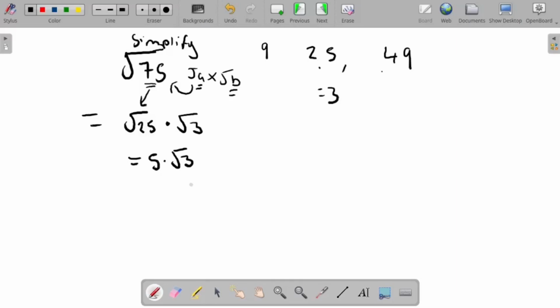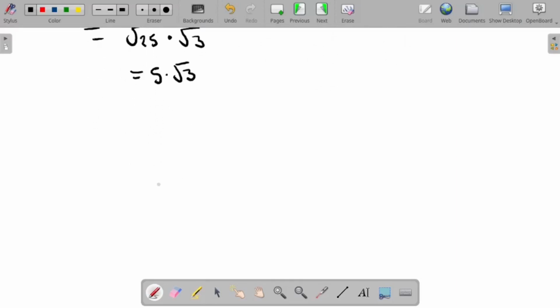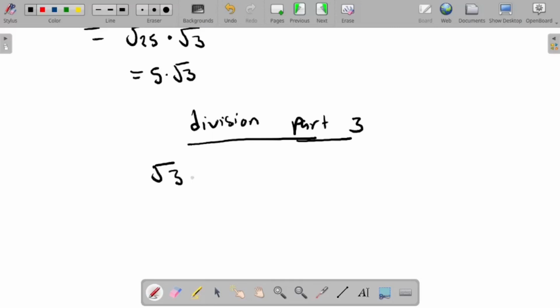You can simplify surds. Division of surds is going to be in part 3 of another YouTube video. Just try to look for part 3. That is going to be on division. We are going to look at, for example, if you have been given root 3 minus root 2 over maybe root 2 plus 3.